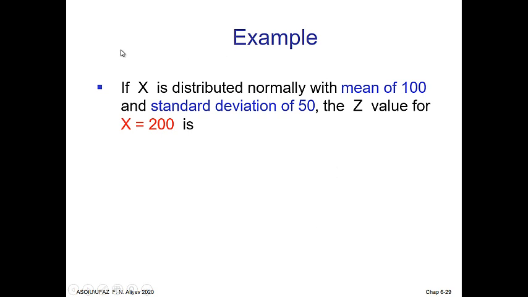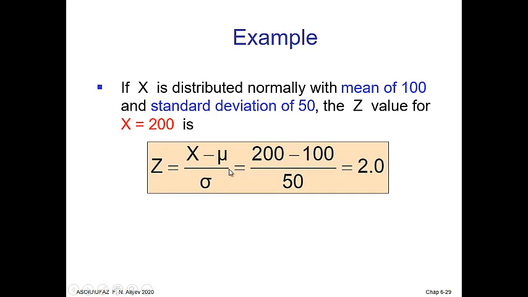Okay, let's consider an example. If x is distributed normally with mean 100 and standard deviation 50, X is a normally distributed random variable with mean 100 and standard deviation 50. What is the z value for x equal to 200? Z represents the standard variable, which is standardized normally distributed.